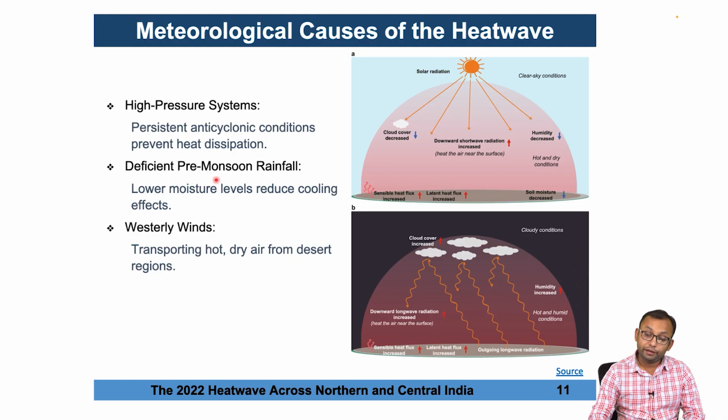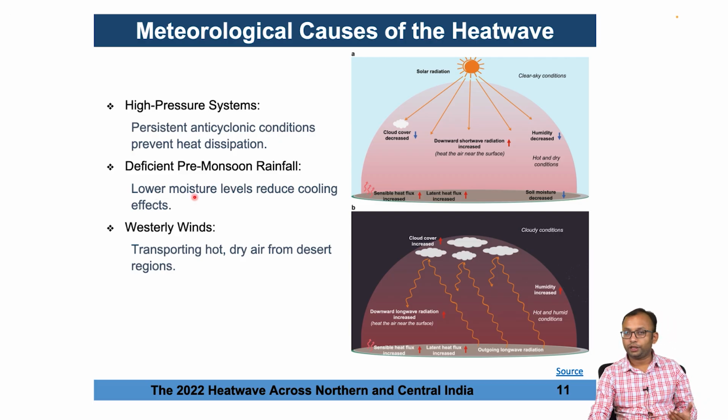Deficient pre-monsoon rainfall is another reason, because we do not have the sufficient rainfall that usually occurs before the monsoon period, and that significantly reduces the moisture level and the cooling effect. So, that is what I described in the previous slide.